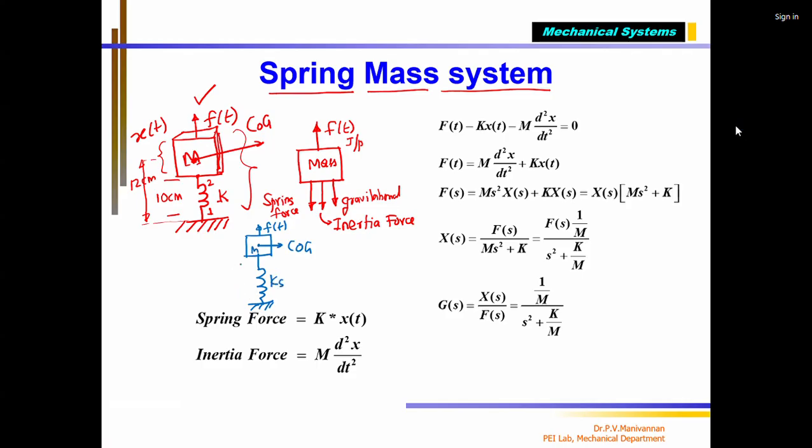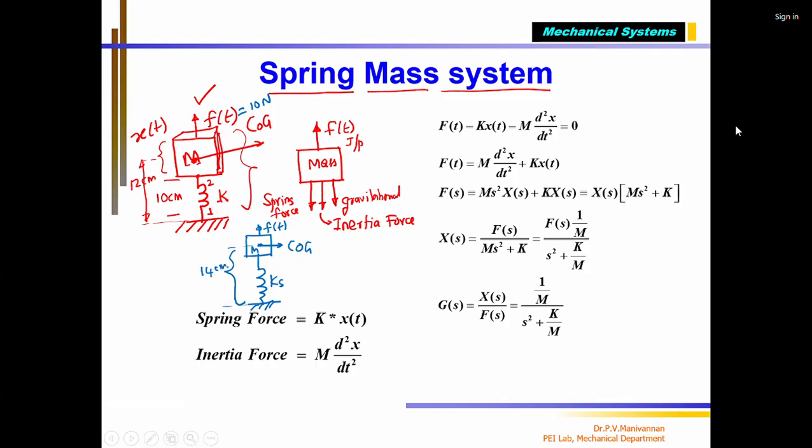From the reference point, or tabletop, where one end of the spring is attached, up to the COG point, because I have applied a force, for example 10 Newton, the position of the mass with reference to this has increased. Previously it was 12. Due to the force, it becomes 14 cm.